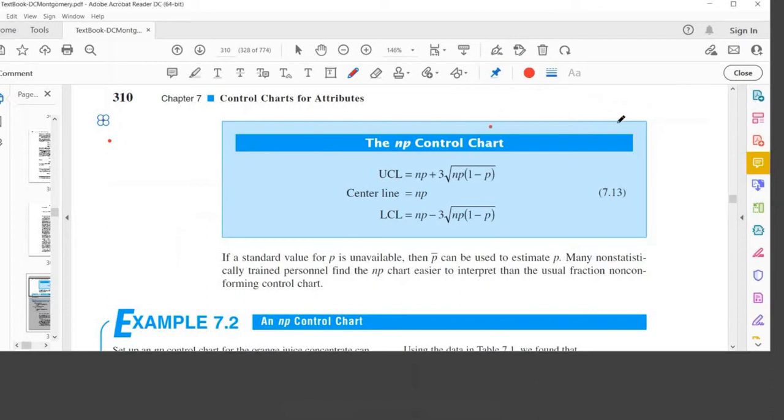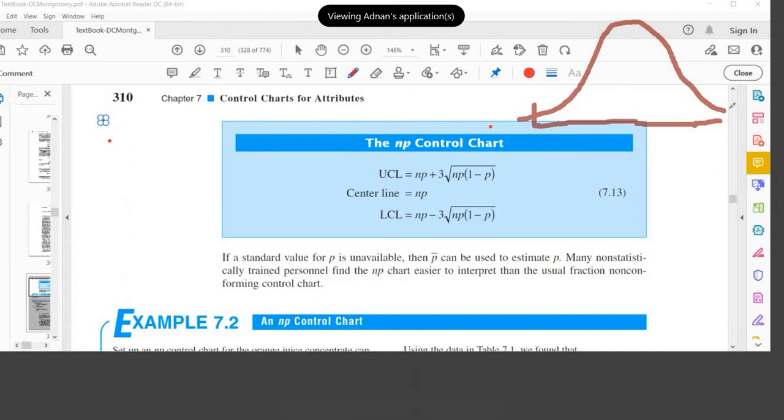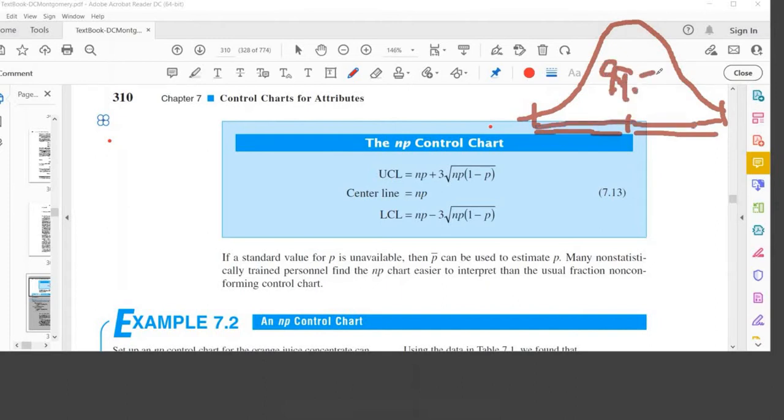I repeat this again, maybe for some who have forgotten: this is the normal distribution, but in the case of a typical control chart, it is binomial. But in the normal distribution, mu plus minus 3 sigma refers to the area which is 99.73% of the area, meaning the process is stable.